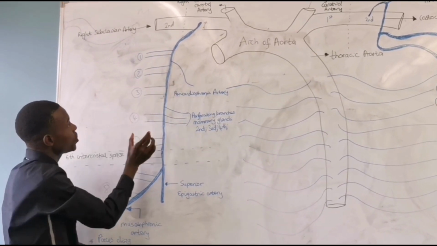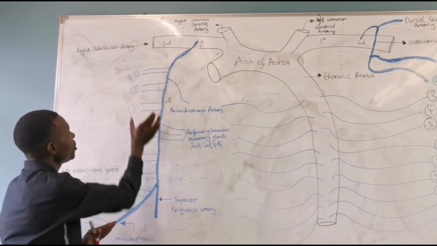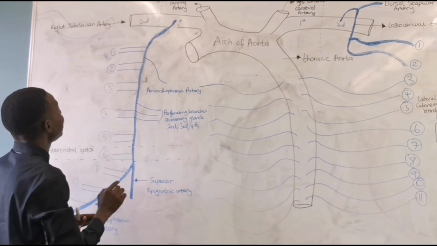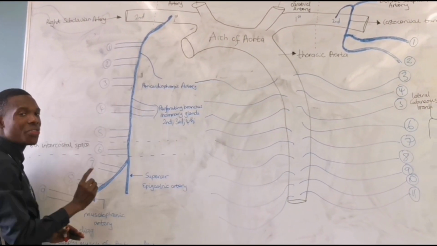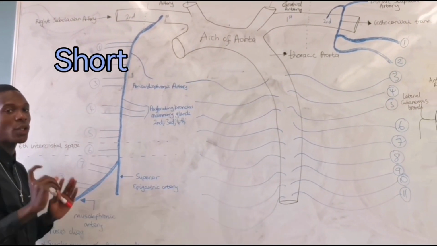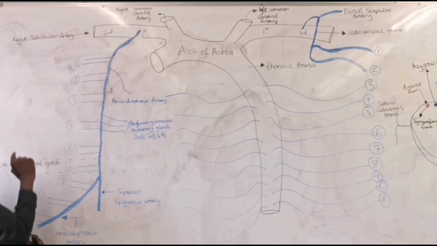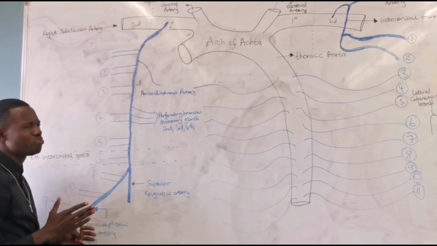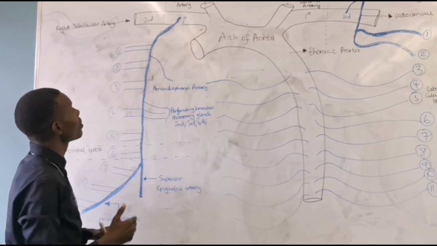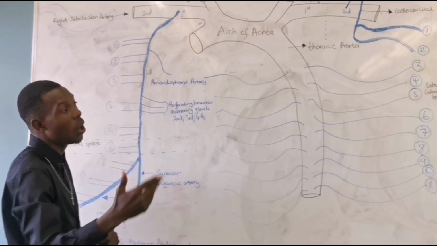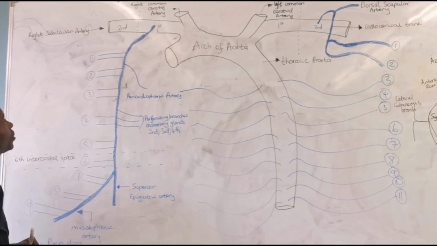These anterior intercostal arteries are very short. As you can see here, we are going to describe later on. But you need to take note, these branches are short. They are not long, they are very short. And they are going to anastomose with the posterior intercostal artery at the level of the costochondral junction. Yes, you need to take note of that.